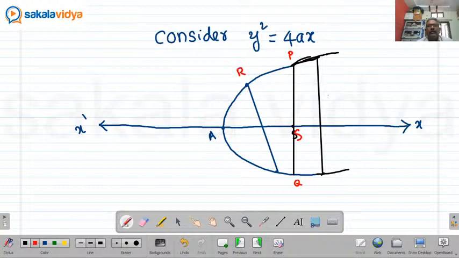So this is R and S. Say this is Q, this is T. So this is perpendicular, this is also perpendicular, let us assume. Okay, now, so I shall have a discussion here.